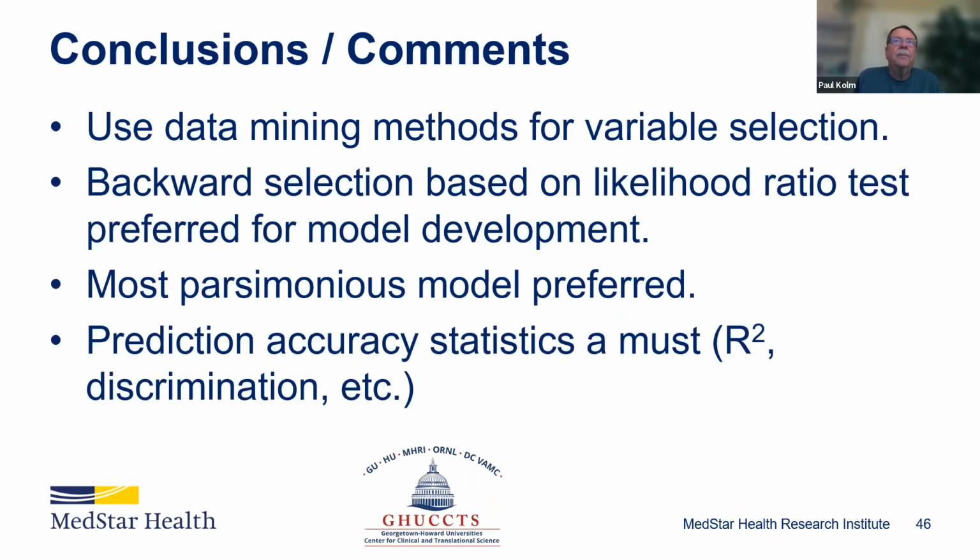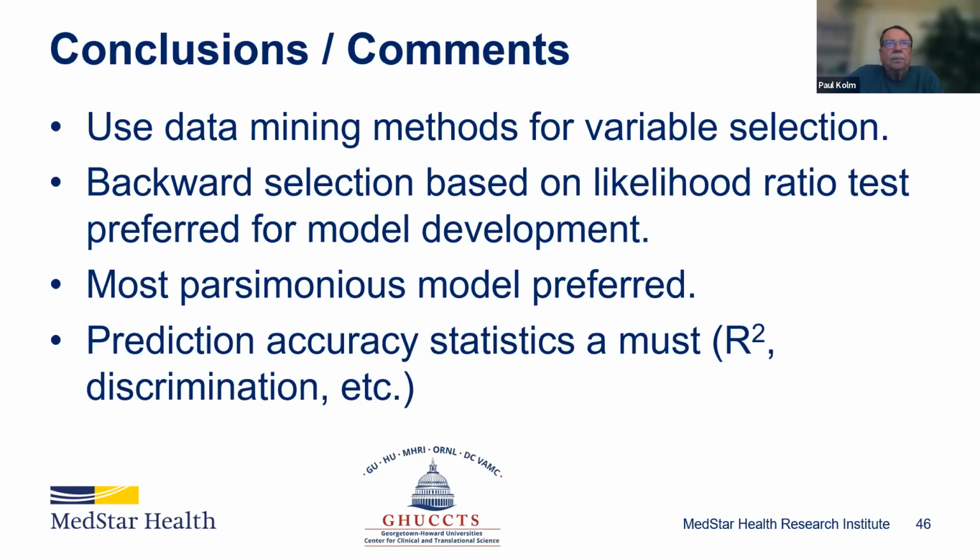And then what I get from that is, if there are only a few variables left, I then do the typical backward elimination using the likelihood ratio test to determine our most parsimonious model, because you can get better prediction with a lot of variables in the model, but maybe that's not the best model in practical terms that would be useful in, say, a clinical setting.